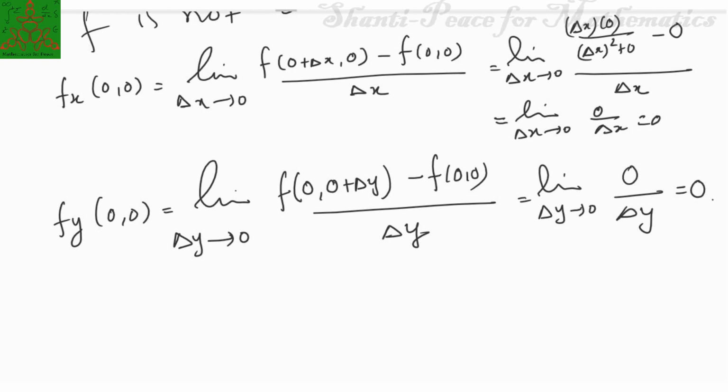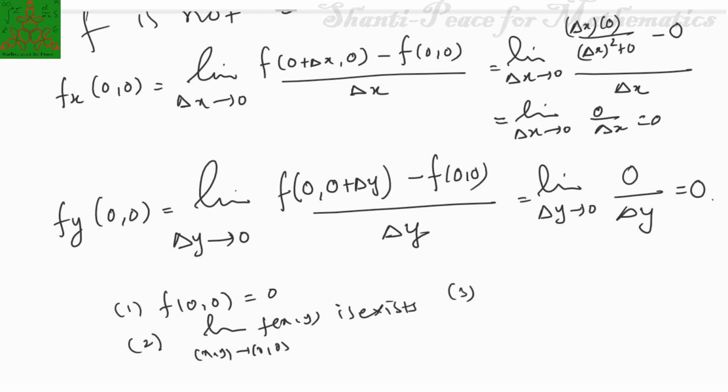Now we need to prove that the function is not continuous at point 0, 0. For that you have to check three conditions. The first one, f of 0, 0 exists, and it is given as 0. Second, the limit of f of xy as xy tends to 0, 0 exists.